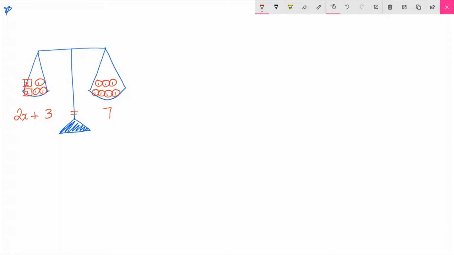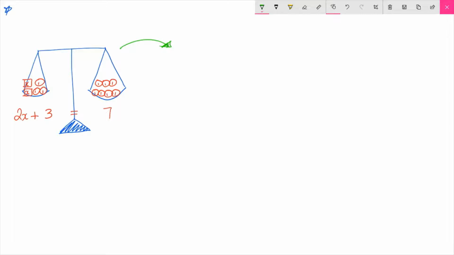Now, in order to work with this set of scales, in order to find the value of x, we have to make sure the balance stays even. We can't take more off one side than the other because the set of scales will get out of whack. They won't be even anymore. So we have to work between both sides, and whatever we do to one side, we have to do to the other.